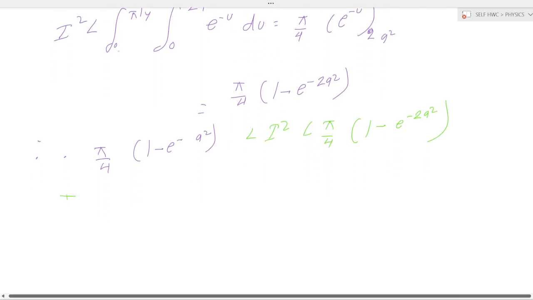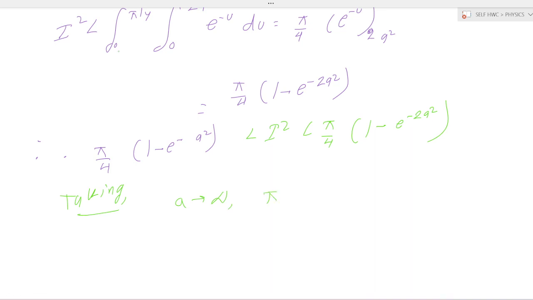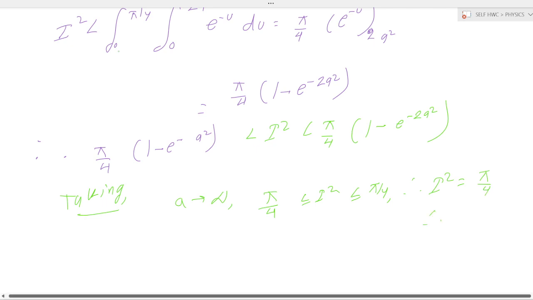Taking a tends to infinity, pi by 4 is less than or equal to I square, which is less than or equal to pi by 4, and therefore I square is equal to pi by 4, and therefore I is equal to root over pi by 2.